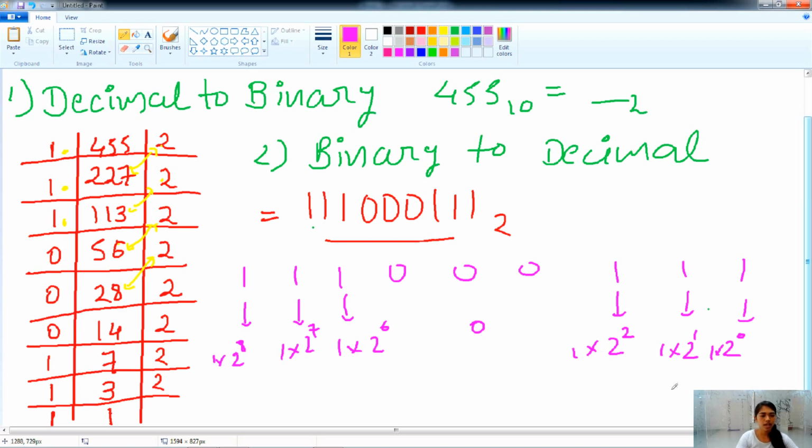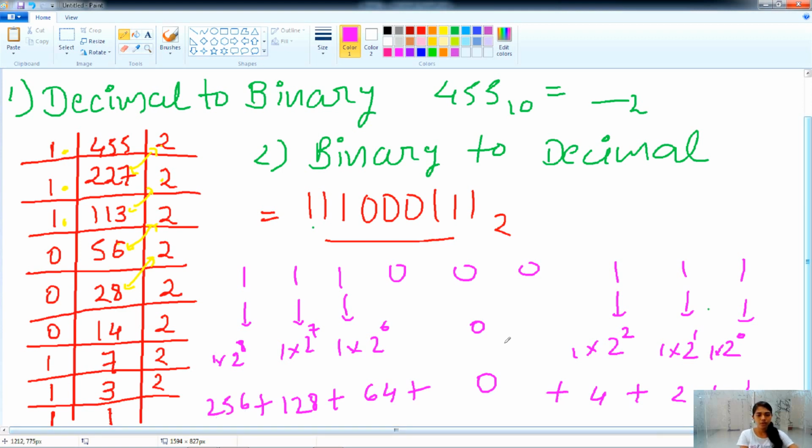So, now the answer, we have to add all this. So, it would be 1 plus 2 plus 4 plus 0 for all this, plus 2 raised to 6 would give us 64 into 1. So, that is 64 plus 2 raised to 7 would give us 128 into 1. Obviously, 2 raised to 8 would give us 256.